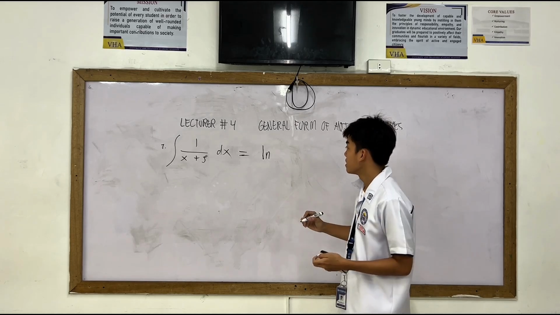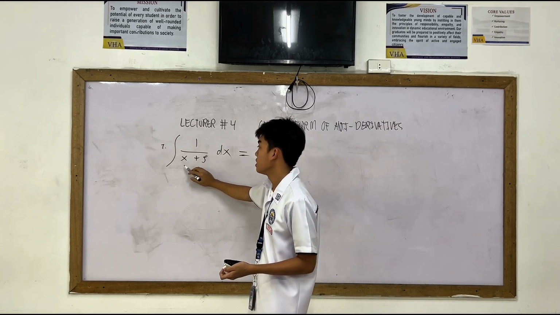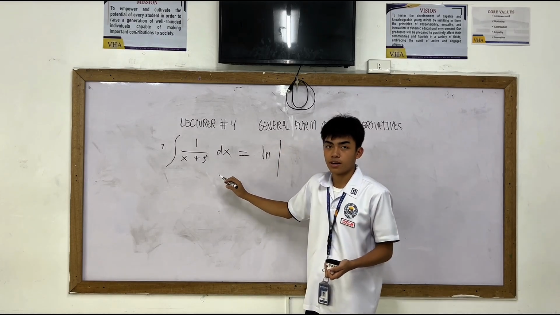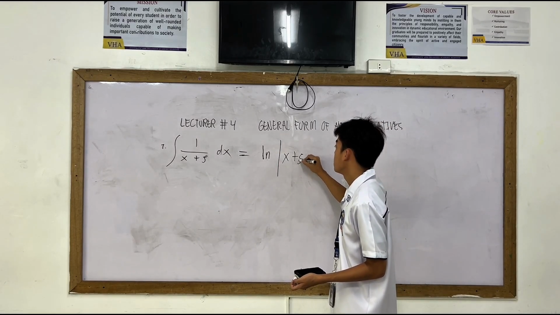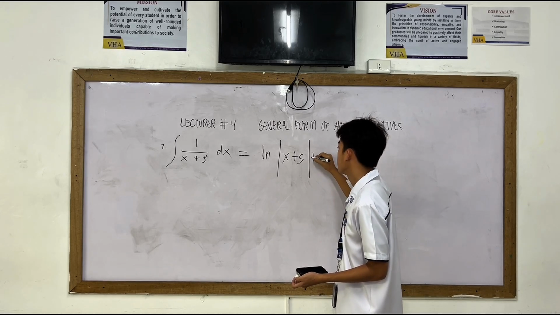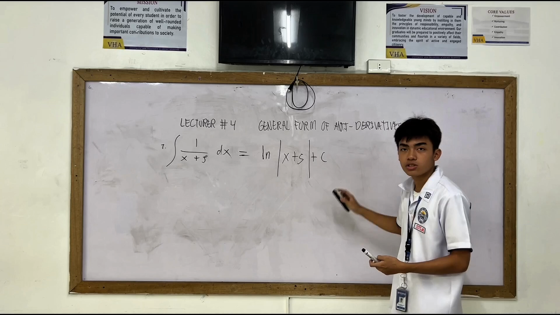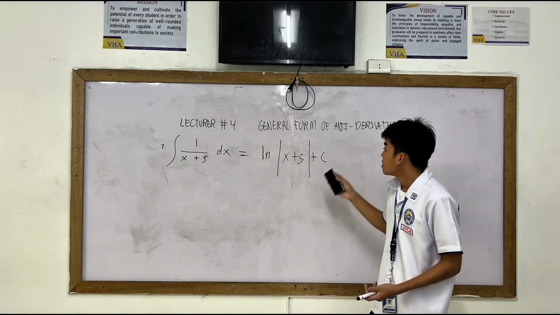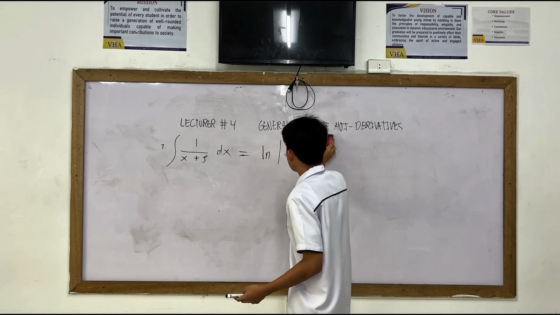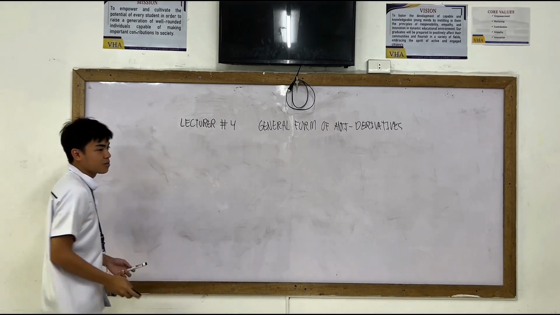And next, our denominator has no number, it's only x plus 5. So it will only show x plus 5, then the constant of integration. And that is all. Let me show more examples so we can have more knowledge about how to do this.